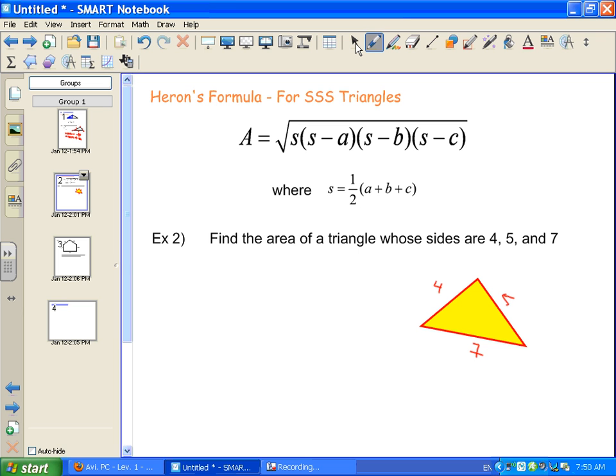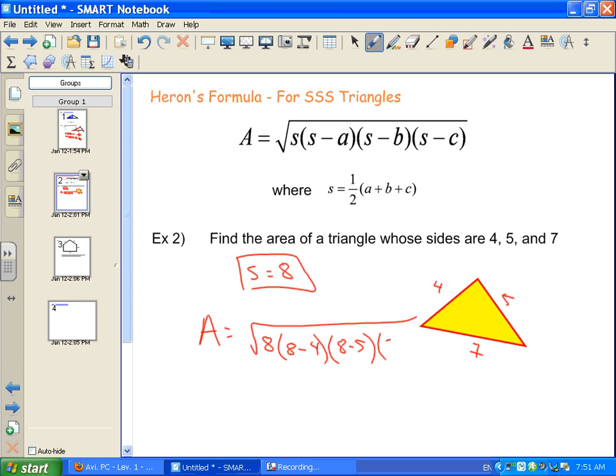So the perimeter is what in this case? 16. And then S is going to be 8. So the area is going to be big square root of 8 times 8 minus one of my sides times 8 minus another one of my sides times 8 minus the last side that I haven't used yet.